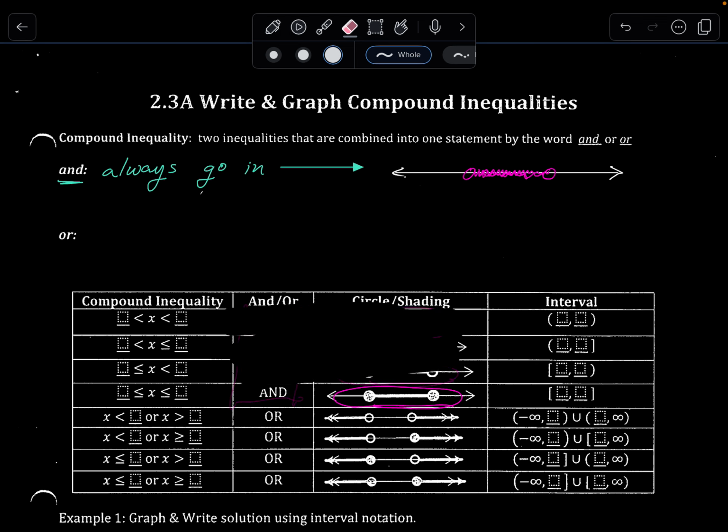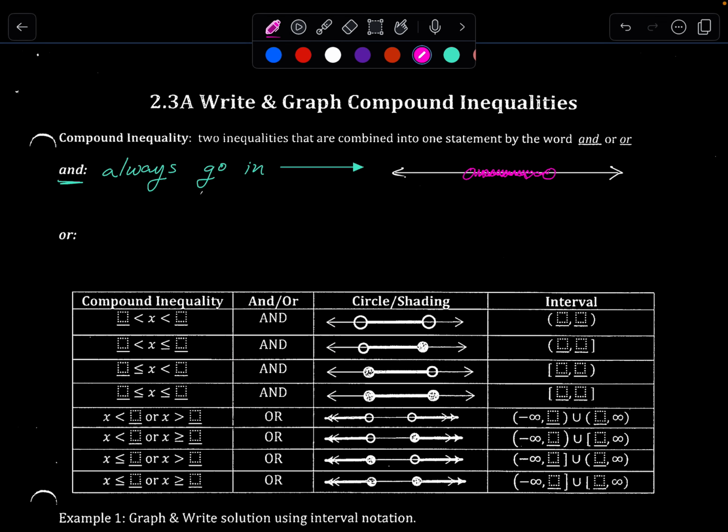So when we have these two inequalities, the word or how the inequality looks is going to tell us a whole lot about where the line is going to go. It can either always go in based on an "and," or it can always go out, like with an "or." So I have another number line here, with my two dots.